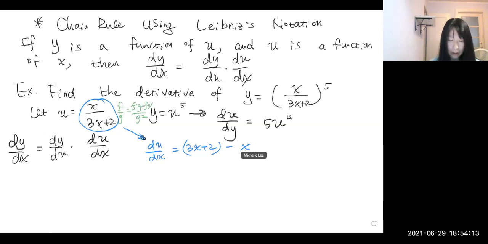What do you get? g prime is 3, right? And over g squared, which is 3x plus 2 squared.